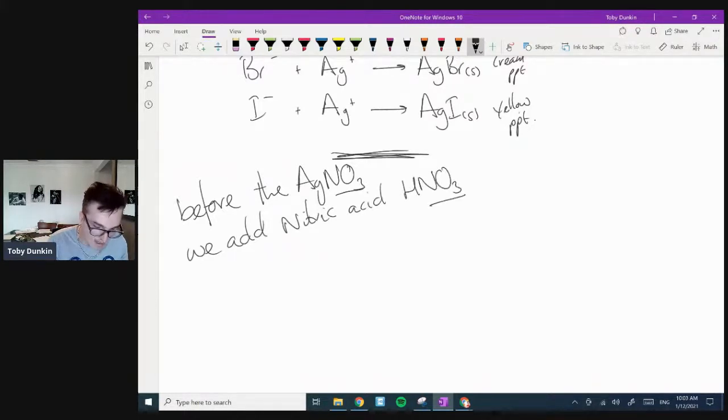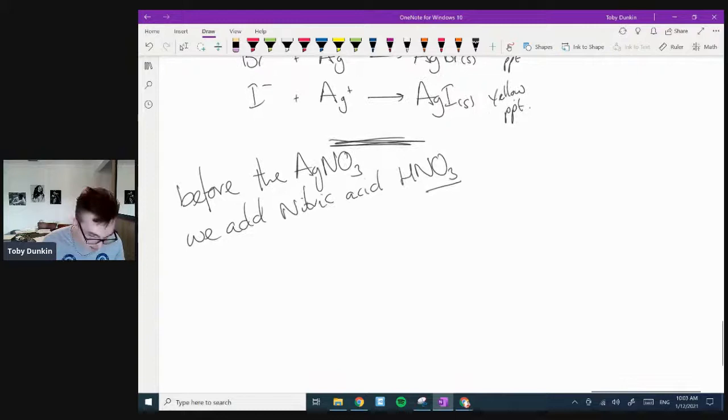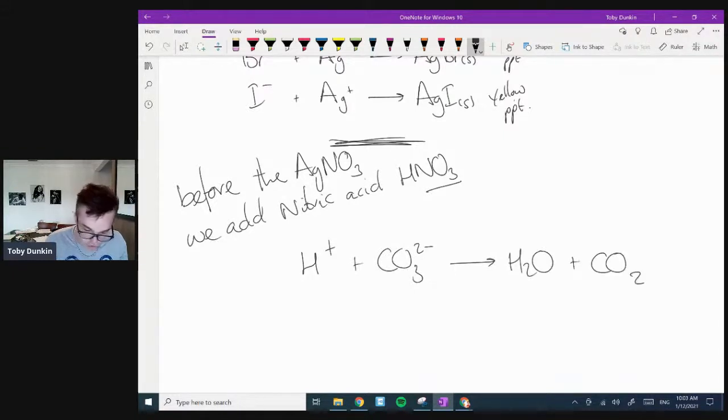Notice I'm not adding in another complex ion from a different acid. You can't use HCl because HCl then adds chloride ions, which will give you a false positive for the chloride ion. So we add nitric acid, and what happens is the H+ reacts with the carbonate ion to form CO2 and water, and it destroys the carbonate ions.